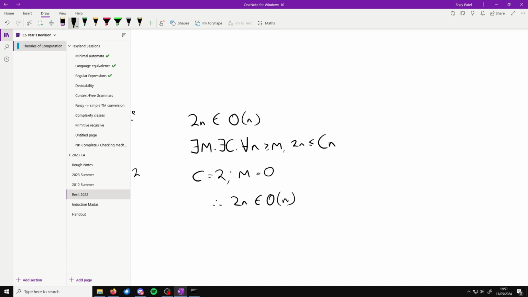And we want to find the c, the multiplier of that function, such that for all n greater than or equal to this cutoff point, our function f of n is less than or equal to c times g of n, where g of n is what's in the O of n. So g of n is just n, and our f of n is just 2n. This is just the mathematical proof for big O notation, and we're showing that we found the constant 2 and that m equals 0. And so 2n, or the worst case complexity, is still linear, in O of n.